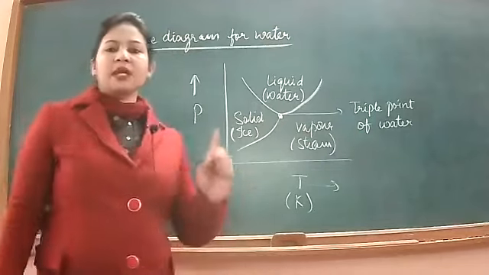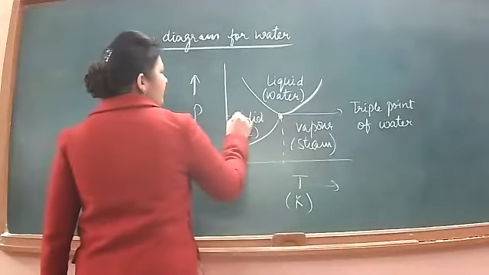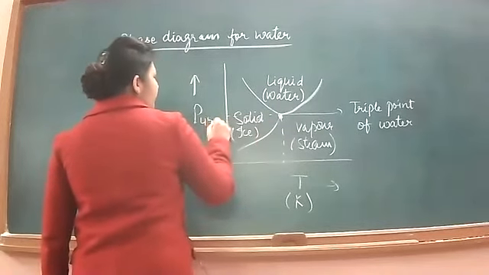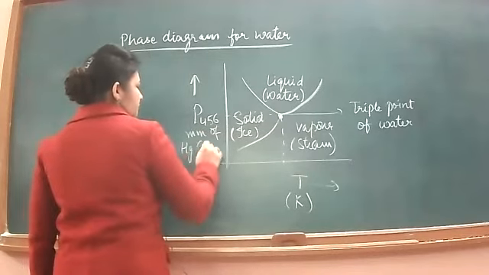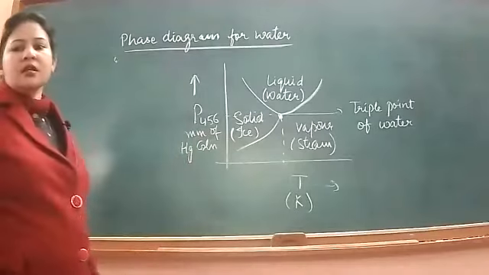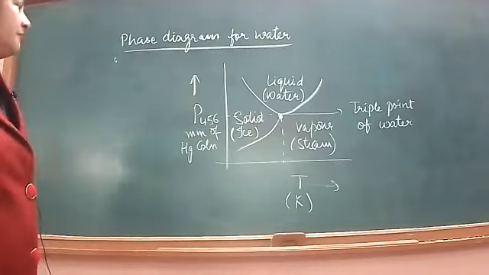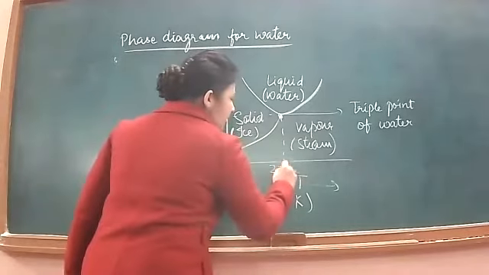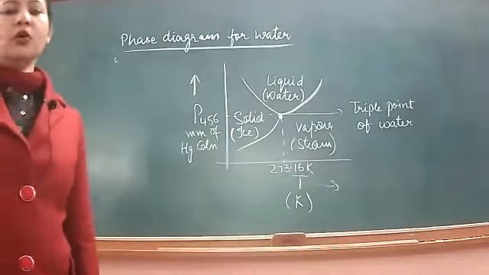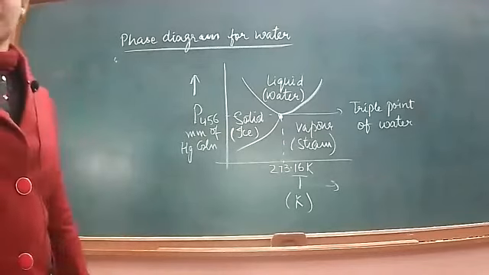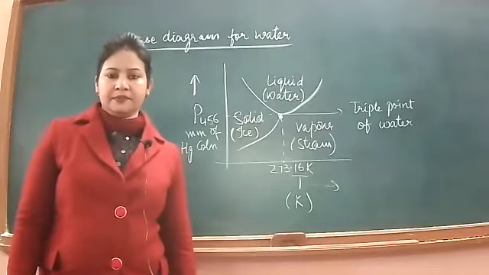But this happens for a particular value of temperature and pressure only. Pressure is 456 mm of mercury column, and temperature is 273.16 Kelvin. So only at this pressure and only at this temperature, water will have its triple point. Water will coexist in all the three states together.